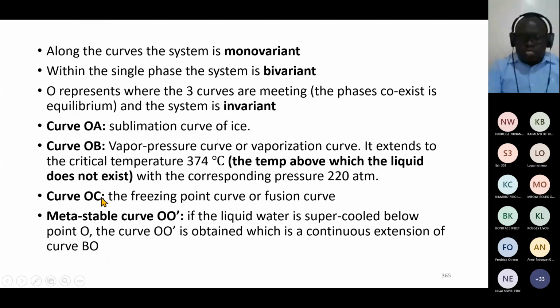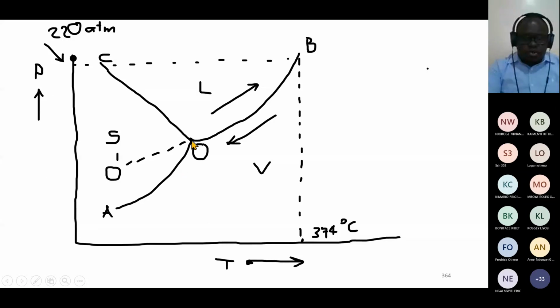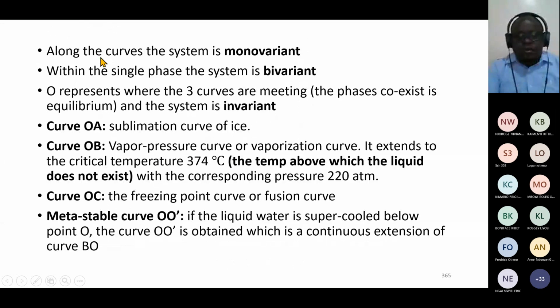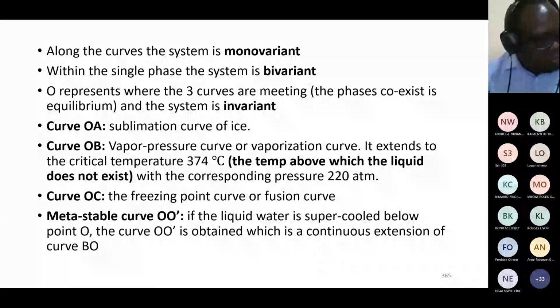The curve OC is the freezing point curve or the fusion curve.